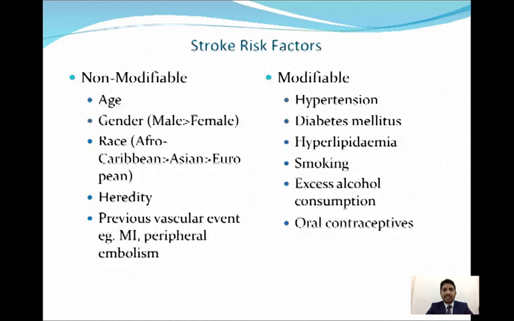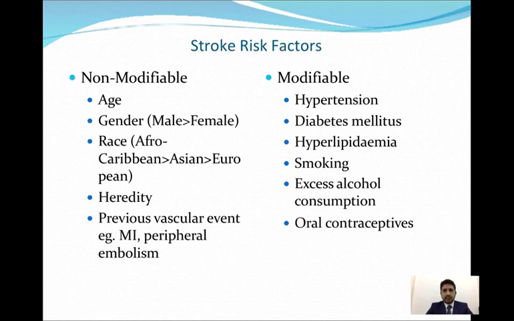So we have seen in the scenario that the patient has sudden onset focal neurological deficit and then he has the risk factors for the development of stroke. So what are the risk factors? If they are present, we can say that this patient is at risk of having stroke. These risk factors are divided mainly into two types. Those which can be modified are called modifiable and those which cannot are non-modifiable.